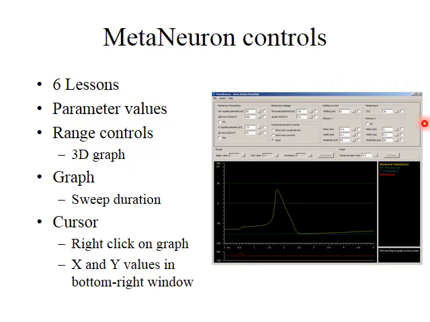This top area here is an area that includes the many different parameters that one can manipulate, and we'll discuss in the next slide how parameter values are changed. But experiments are done by selecting specific values for these different parameters. One of the features of MetaNeuron is that instead of selecting a single value for a parameter, one can click a box and select a range of values to be displayed.